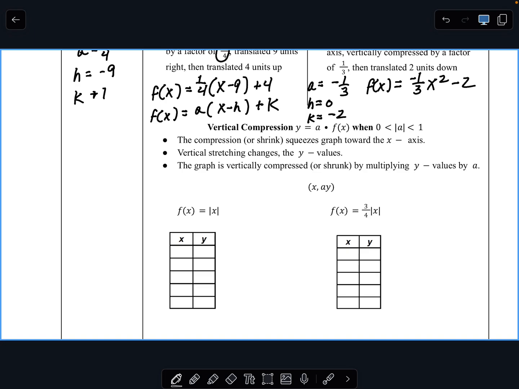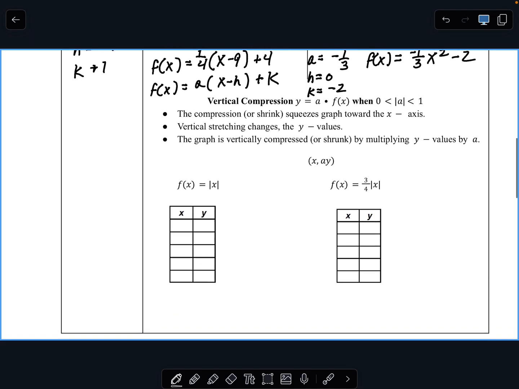Again, vertical compression is when a is greater than 0, less than 1. Vertical compression changes the y values. The graph is vertically compressed or shrunk by multiplying, okay? So in other words, when it gets vertically compressed or shrunk, it actually moves closer to that x-axis. All right, so let's look at what the parent function is.